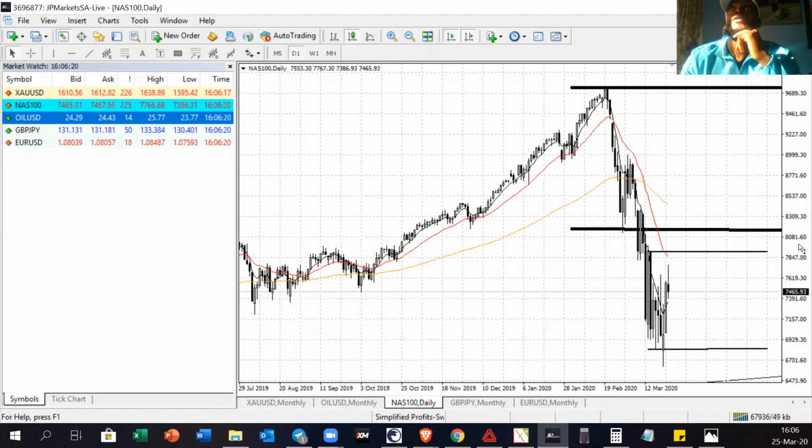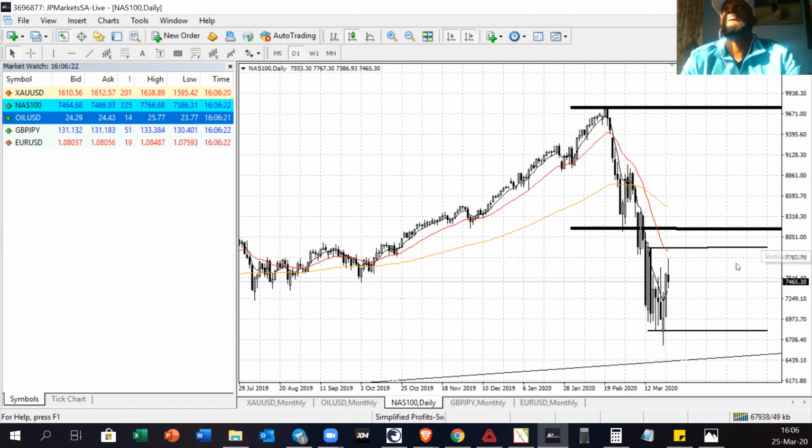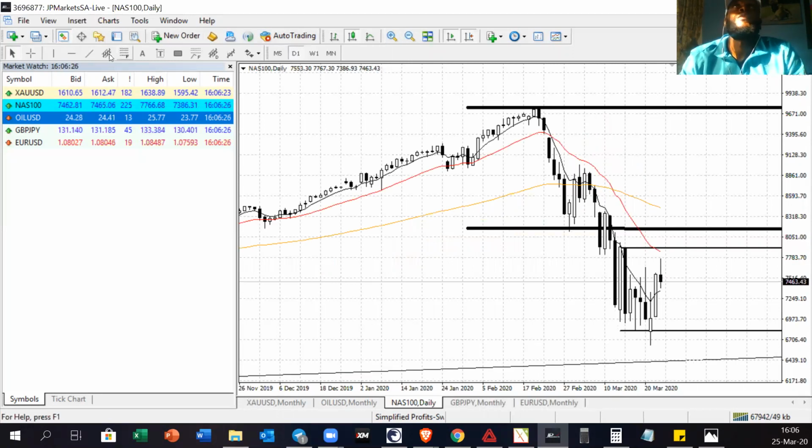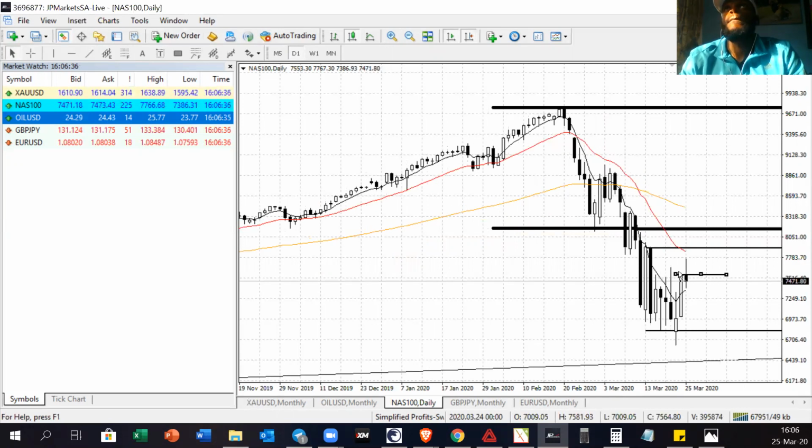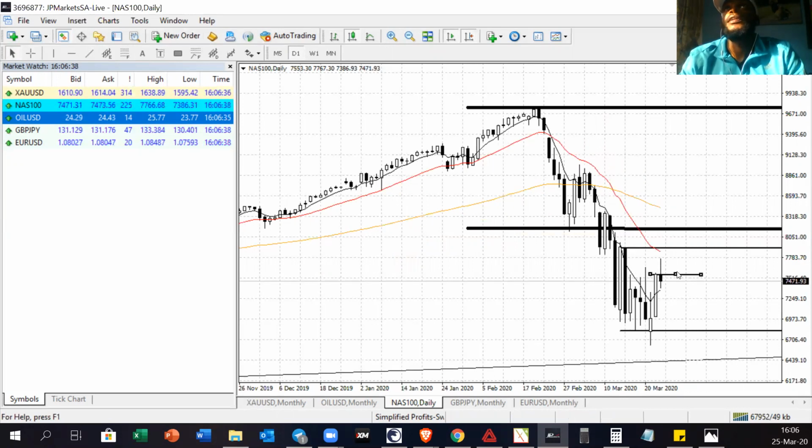So if we come down here, which is the daily chart, we need to do the same thing. We need to identify our extreme high, and we need to identify our extreme low.